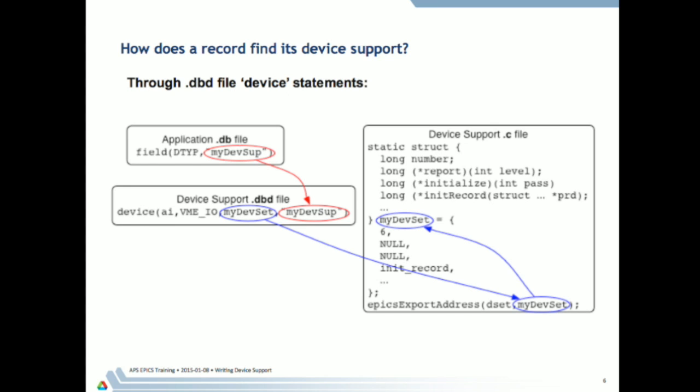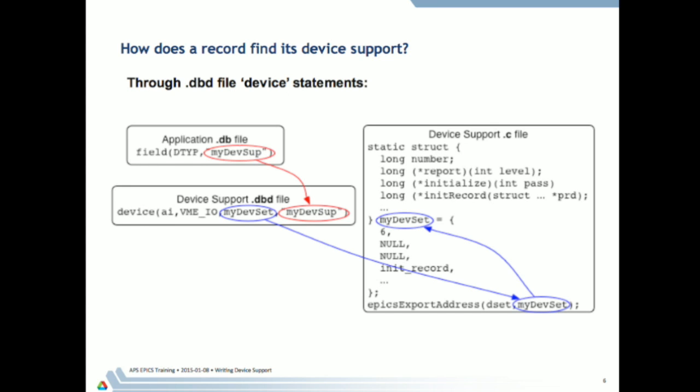So an application database file says, I want the device type of this record to be my devsup, my device support, my particular device. That's a string. That string gets looked up in the list of device support entries, the device entries in the DBD files that the IOC loads. So my devsup matches my devsup as the final argument to one of the device statement entries. And it's also specific to the record type, the first argument in there as well.